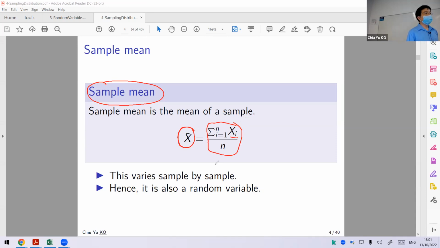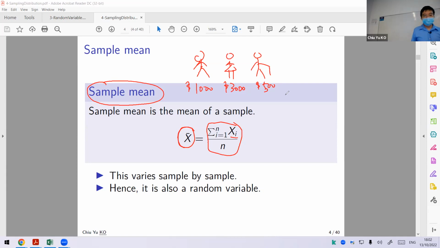What do we mean by that? Because before you draw, you don't know who you will draw. Remember the question, we have a guy and a girl and an old man. This is 1,000, this is 3,000, this is 500. And suppose you draw a sample of 2. The sample mean depends on who you draw. It may happen you draw the girl 2 times, the salary is 3,000.